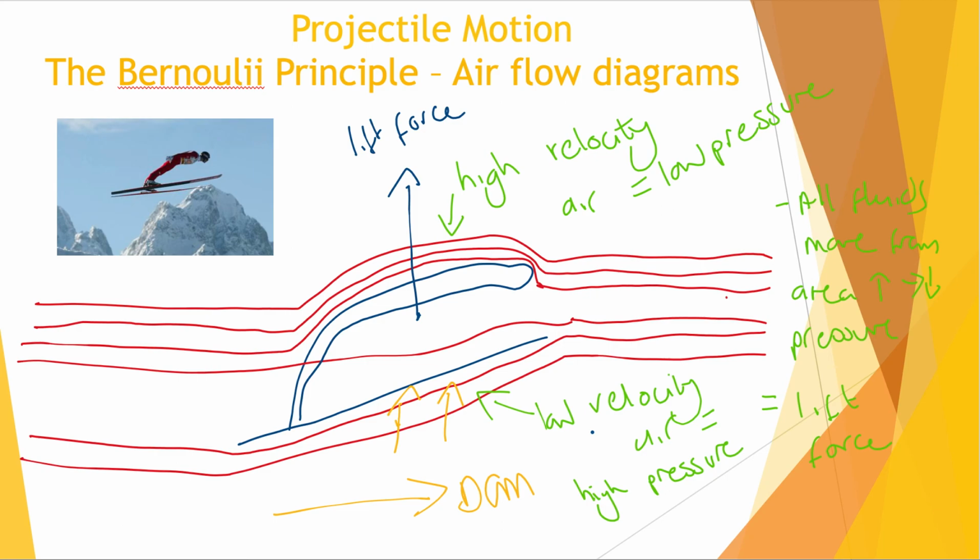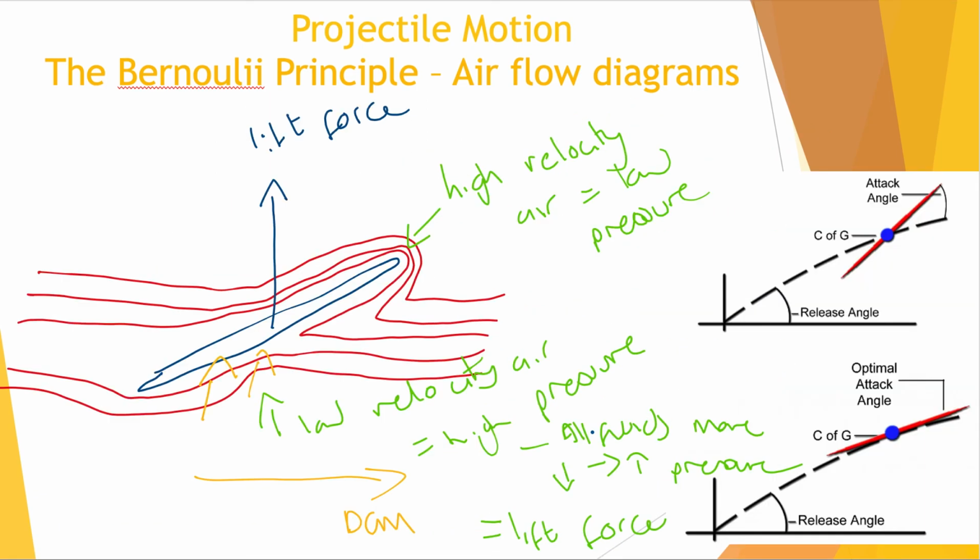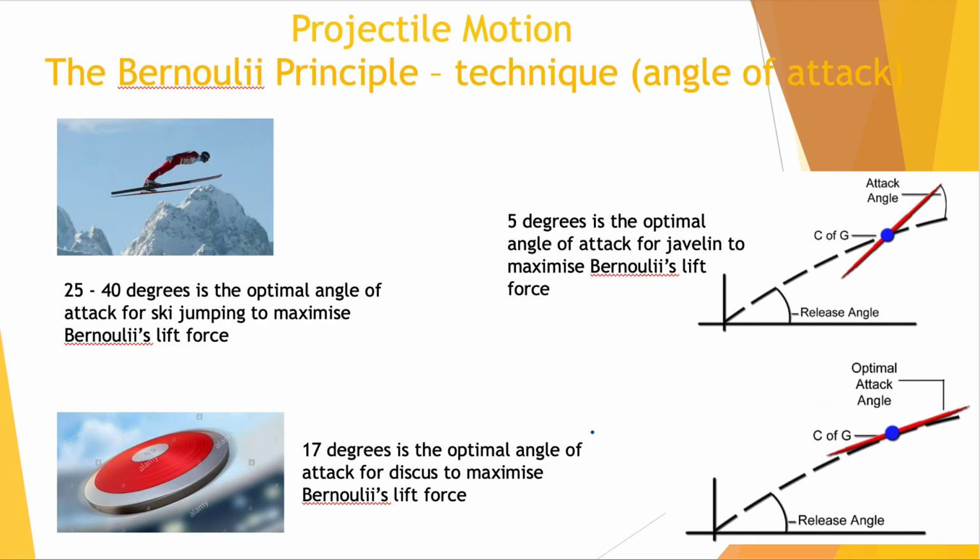Then we looked at how that specifically is going to affect a ski jumper, a discus thrower and a javelin thrower by drawing airflow diagrams, and then looking at the specific angles of attack. 5 degrees for the javelin, 17 degrees for the discus, somewhere between 25 and 40 degrees for the ski jumper, depending on what they're doing with the skis, with the ankle.